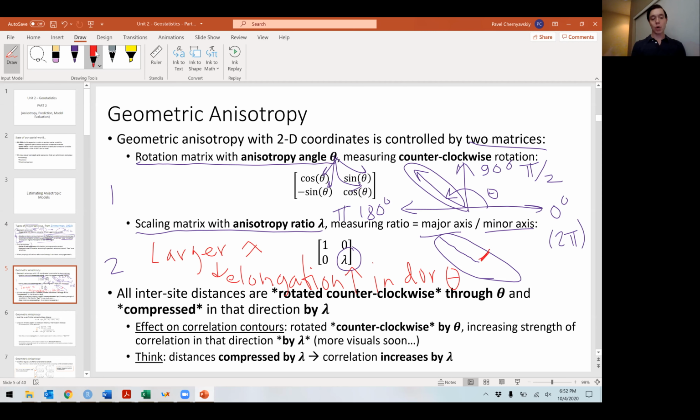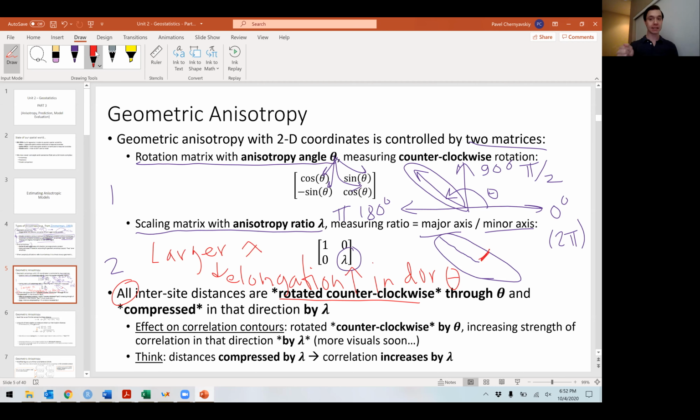So here's how it works. We take all intersite distances. Remember stationarity, all intersite distances. We apply this to all of our locations. We rotate them counterclockwise through the angle theta, and then we compress the distances by lambda.